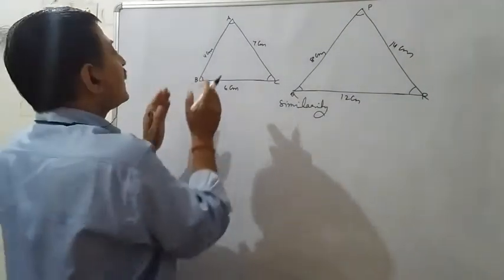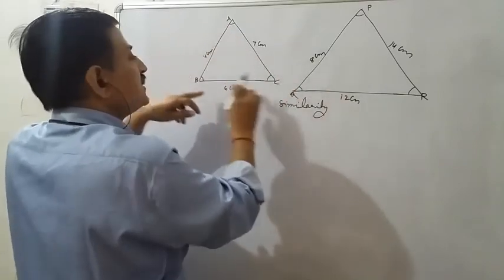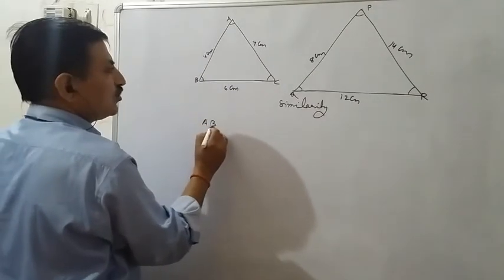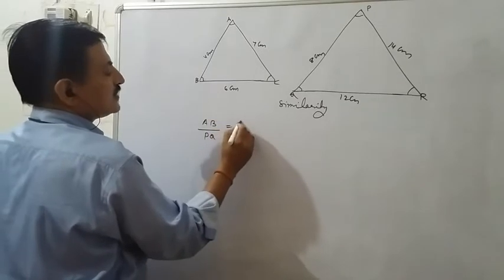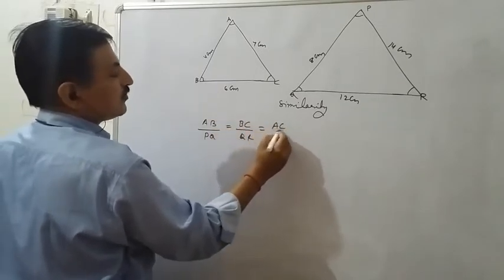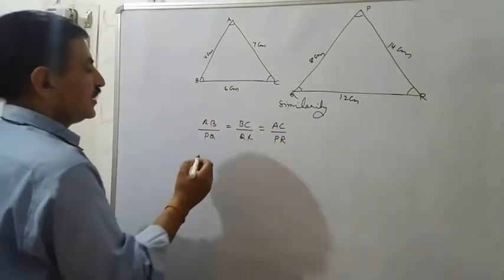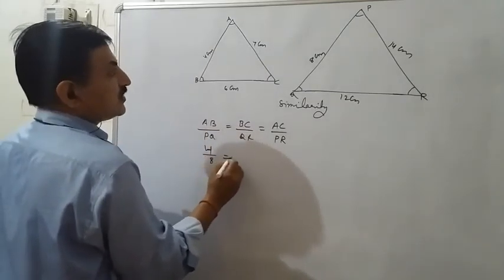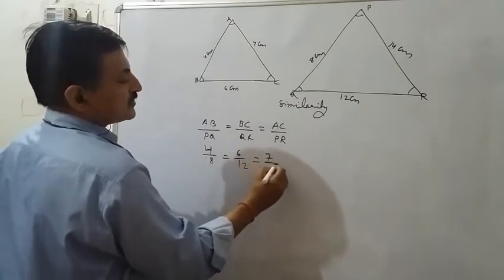Why is the shape the same? Because the sides are in the same ratio: AB upon PQ, BC upon QR, and AC upon PR. Putting in the values: AB is 4 centimeters and PQ is 8, BC is 6 and QR is 12, and AC is 7 and PR is 14.